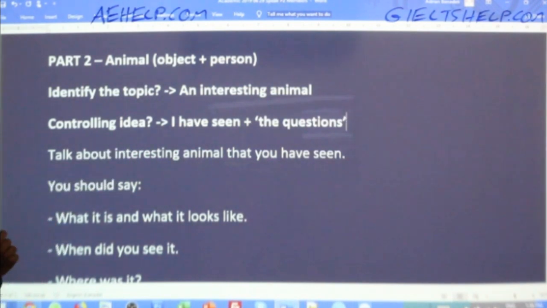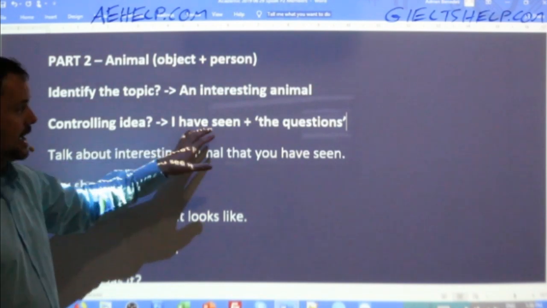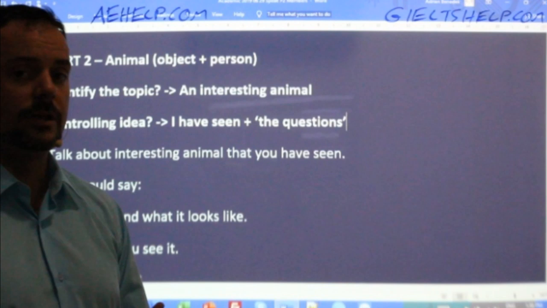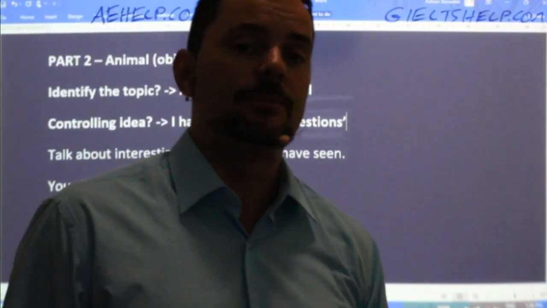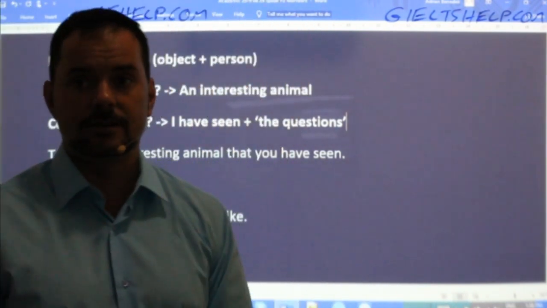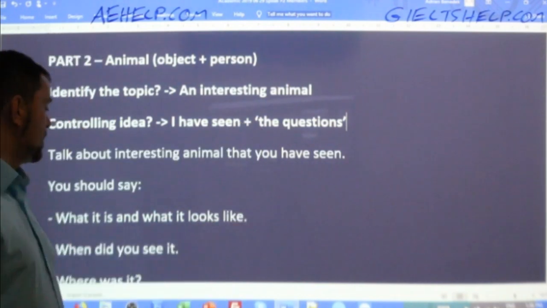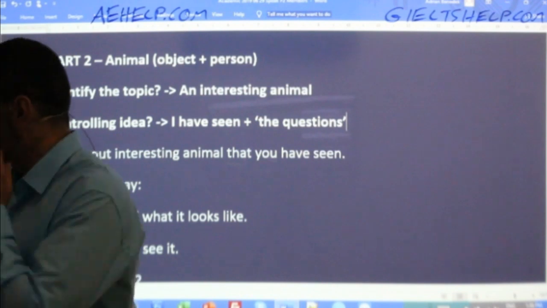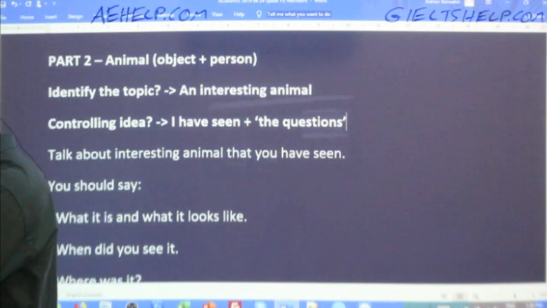So it has to be an interesting animal, clearly something unique. And then the controlling idea is something that you have seen. So it's not just an interesting animal in the world, but an animal that you have actually seen, right? Plus the other questions. So where did you see it and so on. Okay, so you've identified that. Now what do you do?